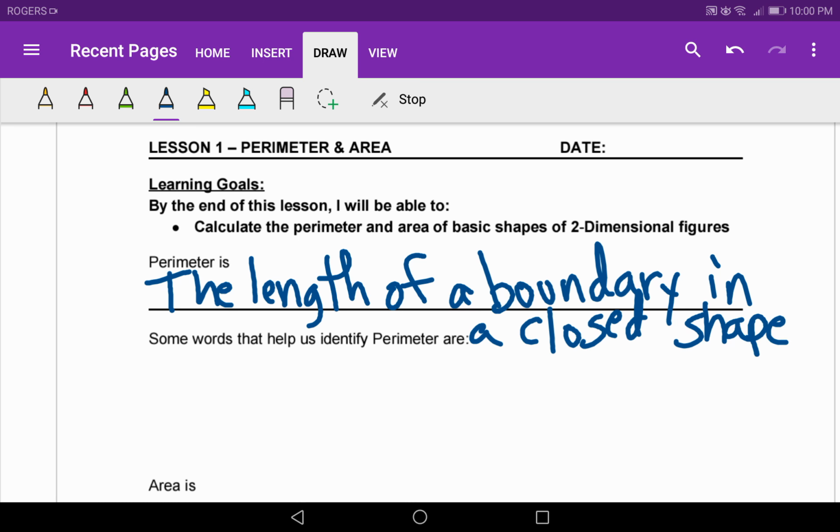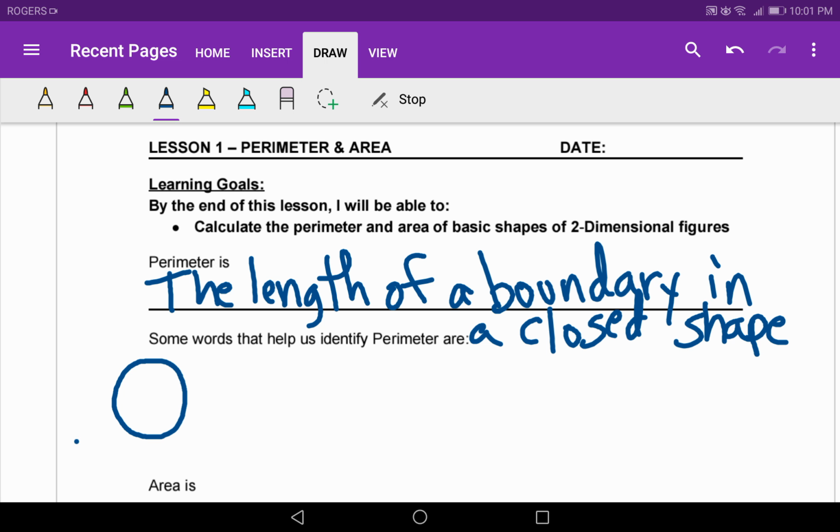So what does that look like? And some words that help us identify what perimeter is. Well, if I were to draw a circle, the boundary would be where my pen has touched the screen. The length of that boundary would actually be what is called the circumference.